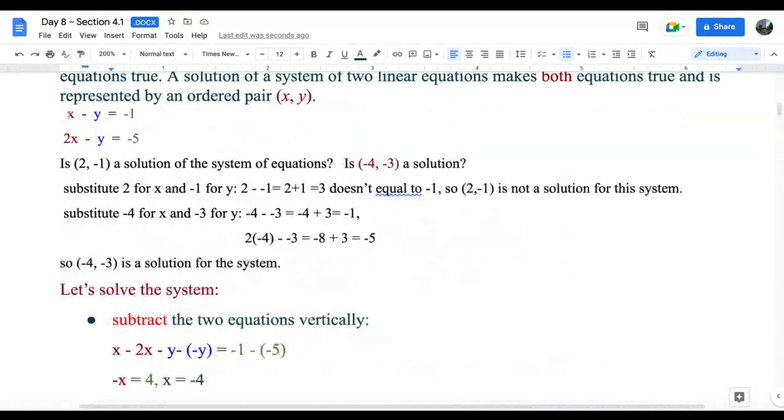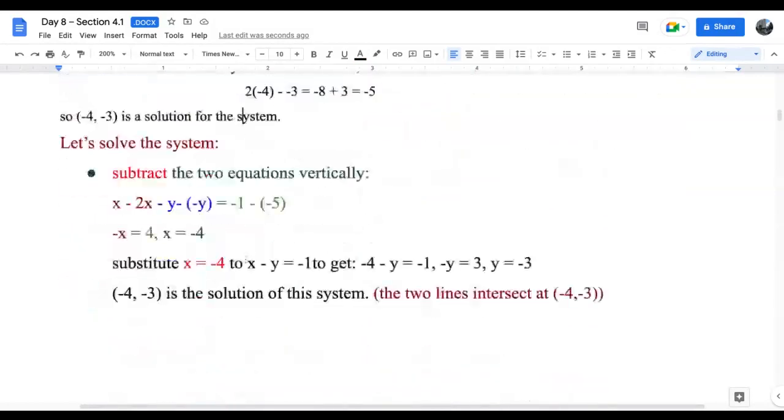We have these two equations, which means we do x minus 2x, -y minus -y. The equal sign we don't subtract, we just keep it. Then we do -1 minus -5.